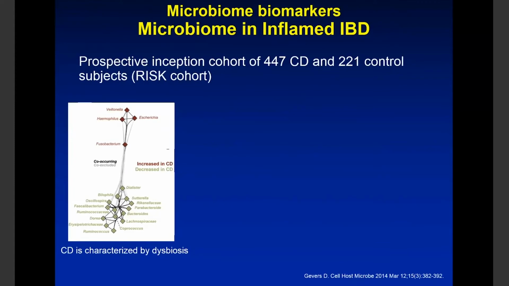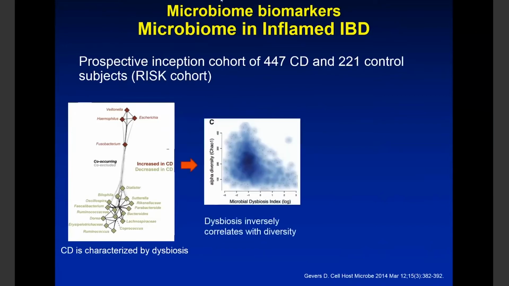For example, you have Fusobacterium, Veillonella, and Escherichia increased in Crohn's disease. On the other hand, you have some Lactobacillus, Pseudoella, Faecalibacterium, and Ruminococcus decreased in Crohn's disease. Again, this is at the species level. What they showed was that this broad microbial dysbiosis correlated inversely with diversity of microbiota, such that the more dysbiosis was observed in Crohn's, the less diversity there was in the fecal microbiome.